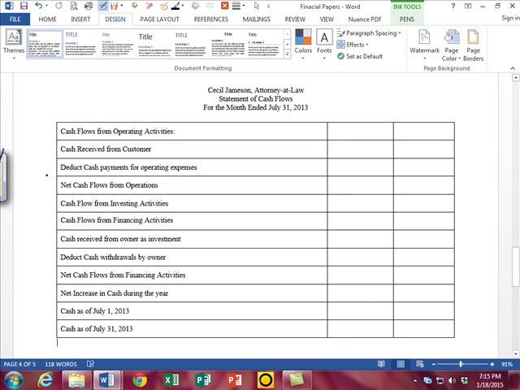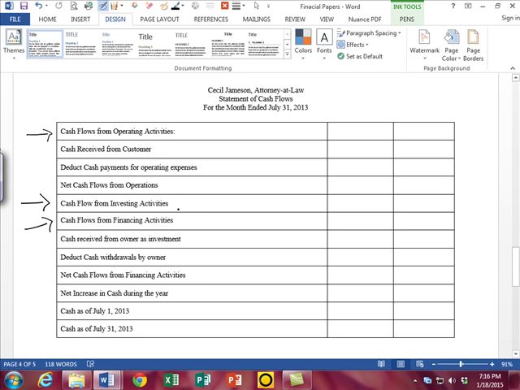All right, let's put this together. There are three main sections of a statement of cash flow. That is your statement of cash flow from operating activities, from investing activities, and from financing activities. This relates to operations, money coming in, money going out. This relates to investing activities.